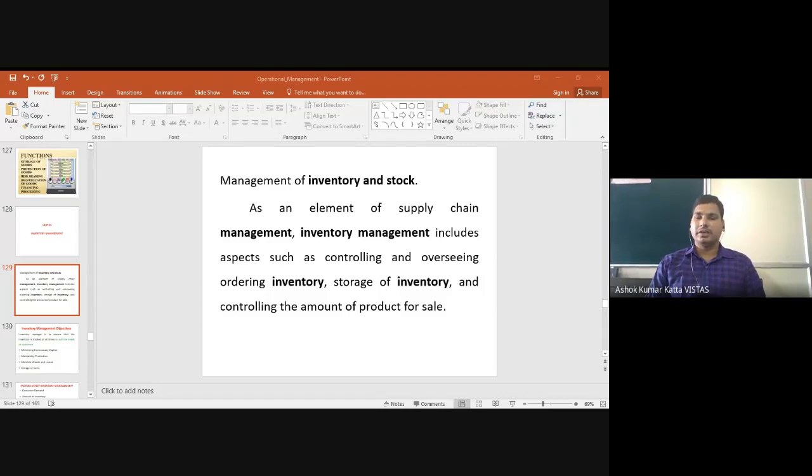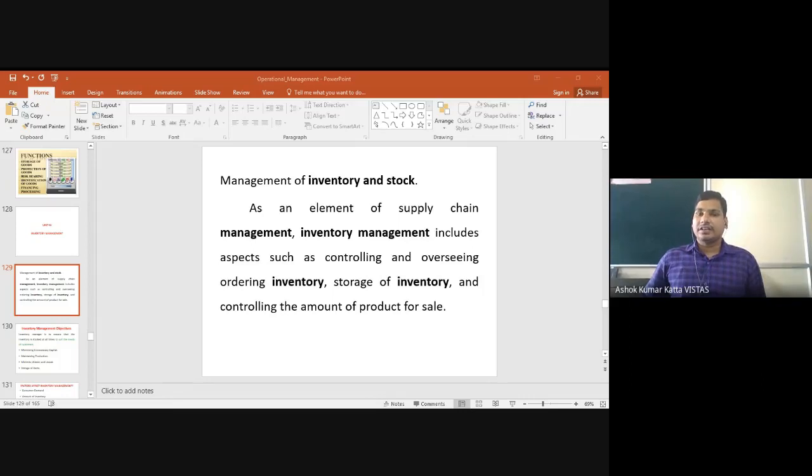The major element of manufacturing a product is inventory and stock. With the help of this inventory and stock, we use other supporting aspects like machinery, labor, electricity, infrastructure and other things, which make the raw stage of the product into a finished product.